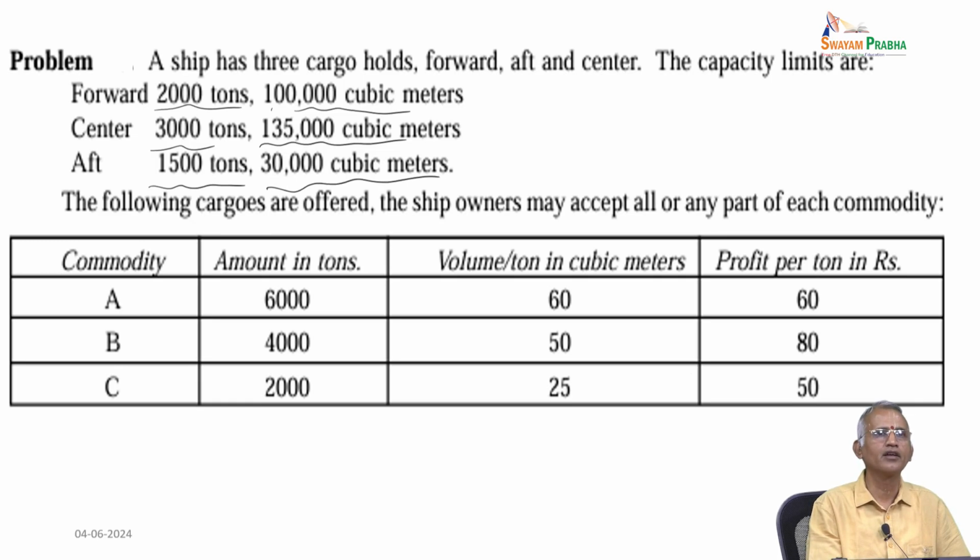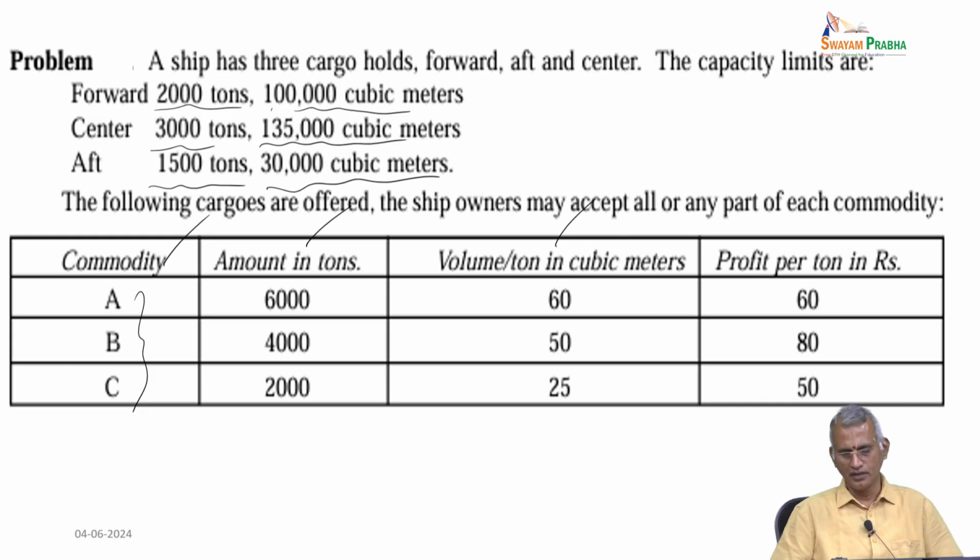The following cargoes are offered. The ship owners may accept all or any part of each commodity. The table gives commodity, amount in tons, volume per ton in cubic meters, and profit per ton in rupees. The commodities are A, B, C. The amounts in tons are 6000, 4000 and 2000. The volumes are 60, 50, 25, and the profit is given.